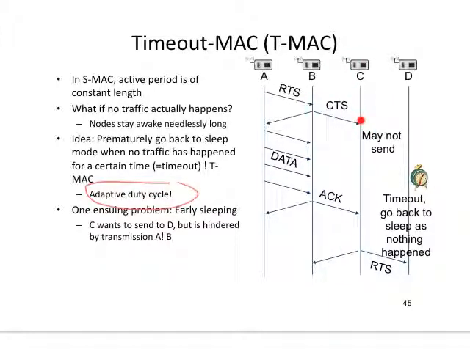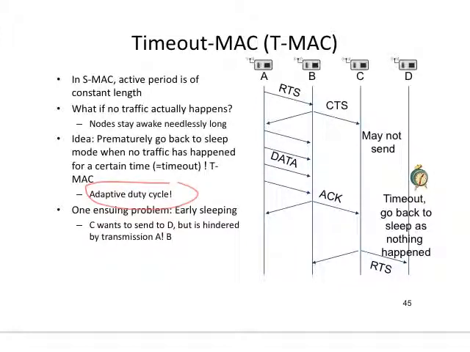So C will go into the NAV period, which means that it will stay idle, but it's active because it's receiving some signal, so it will stay active. However, D here is outside of the interference range of A and B, which means that D is in an active period, right? But it did not receive anything.